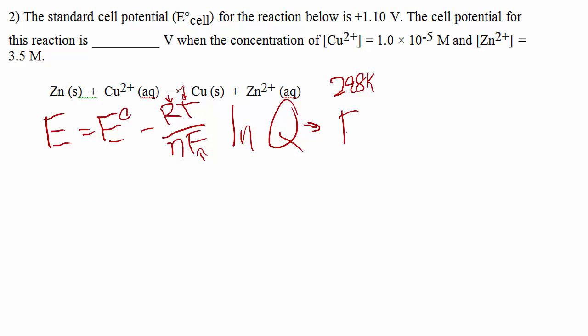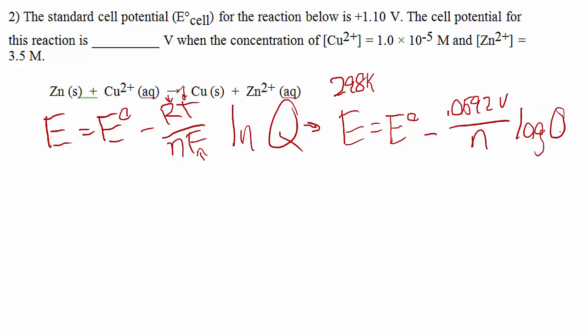We can simplify this to become E equals E naught minus 0.0592 volts over N, the number of electrons transferred, log of Q. I've changed from natural log to log base 10, so don't let that trip you up. For all these problems, you can pretty much use this version of the equation because unless it says otherwise, it's going to occur at 298 Kelvin.